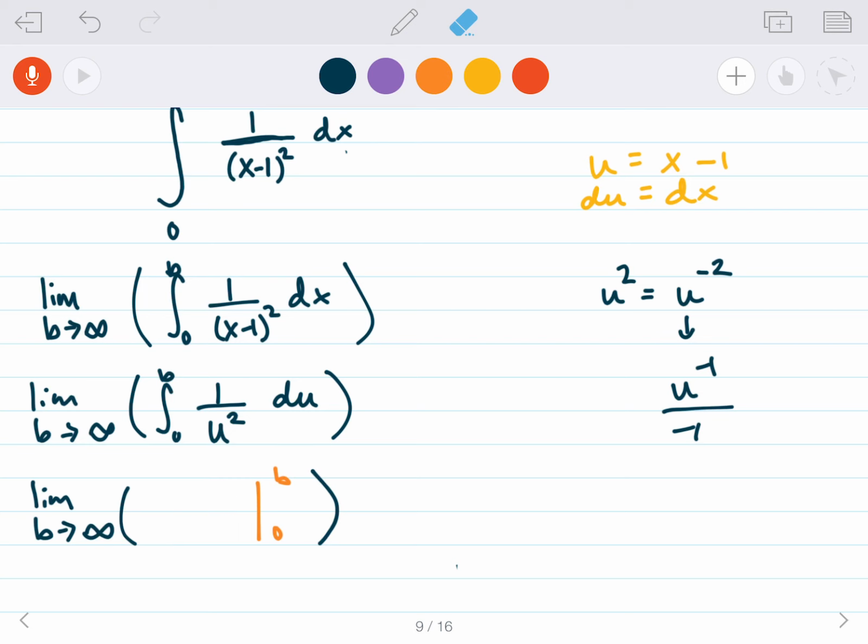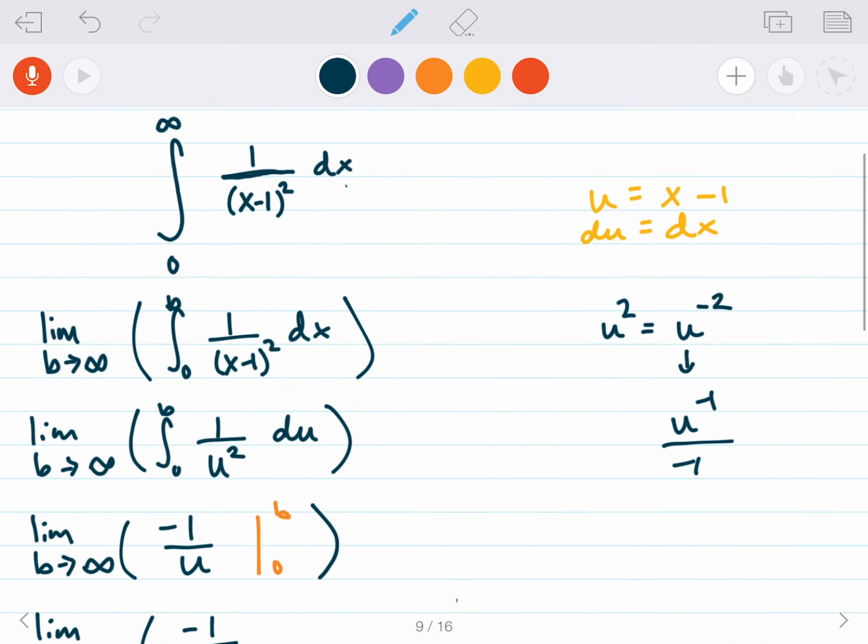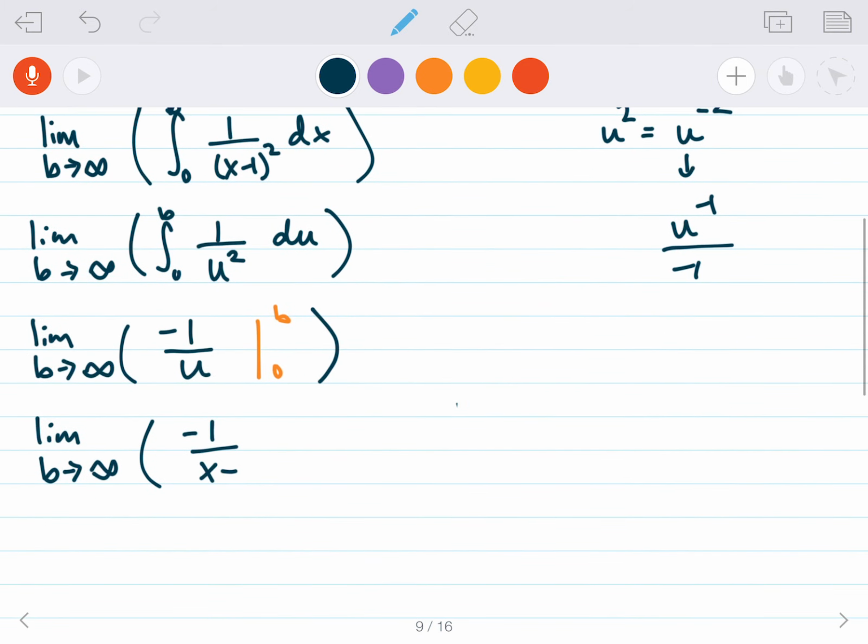So let's write that first. So then we have the following. We have negative 1, and u was x minus 1, and we're going from 0 to b.